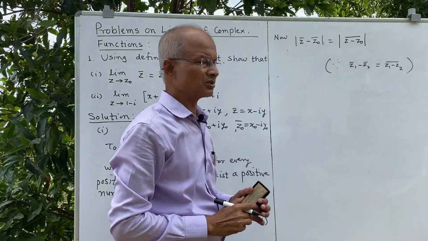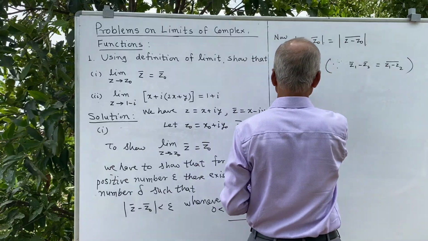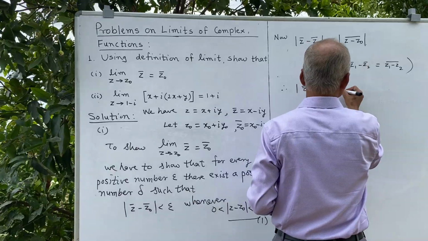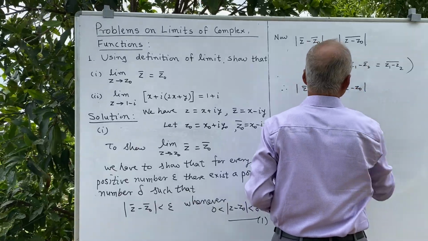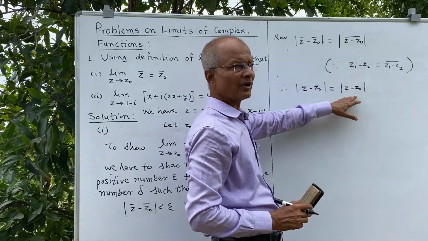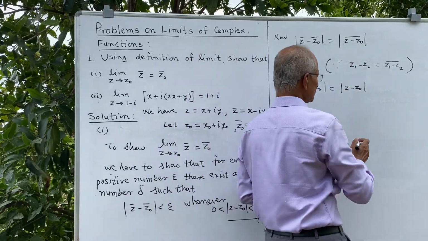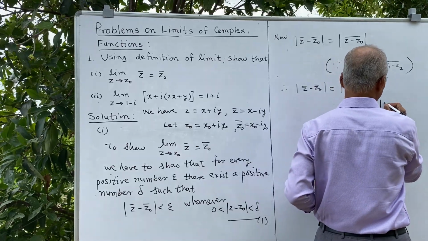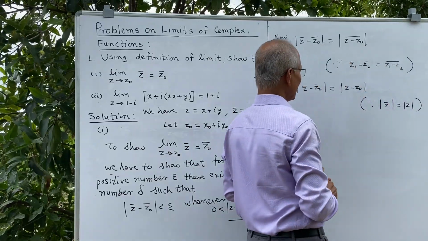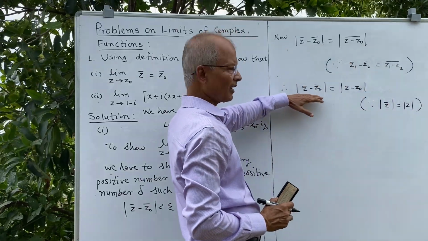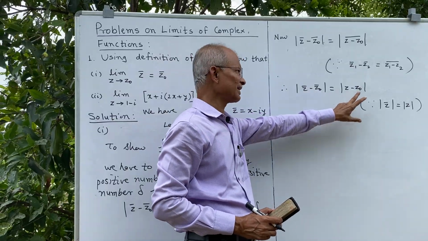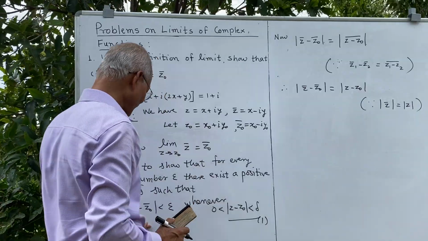This property is used, and again the absolute value of z bar minus z naught bar is equal to the absolute value of z minus z naught, because the absolute value of the conjugate of z is the same as the absolute value of z. These are results from the absolute value function.